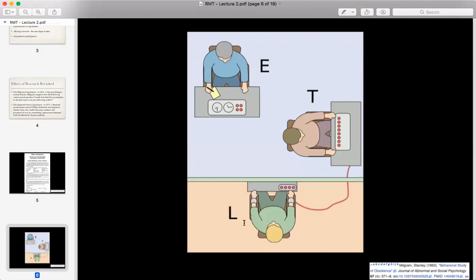I think this is an interesting experiment, but in terms of ethics, an experiment like this would never take place today for a number of reasons. The primary one is probably that there's a lot of trauma being pushed onto the subject.